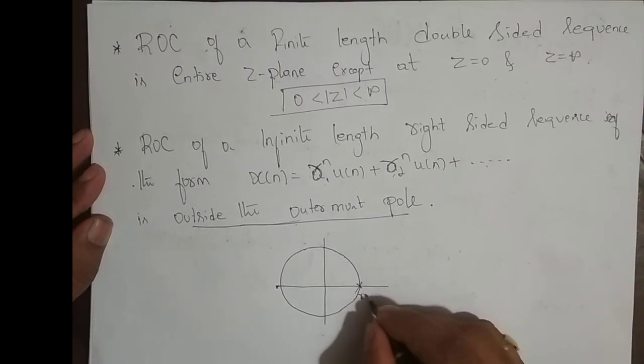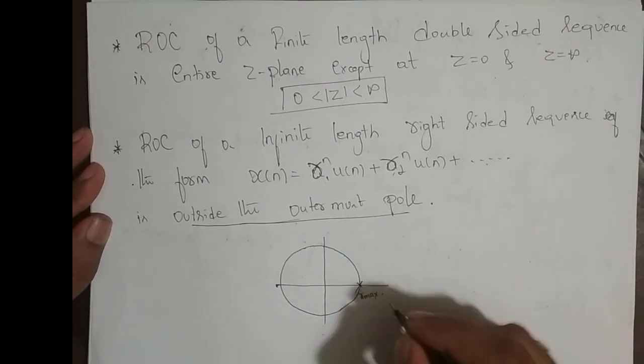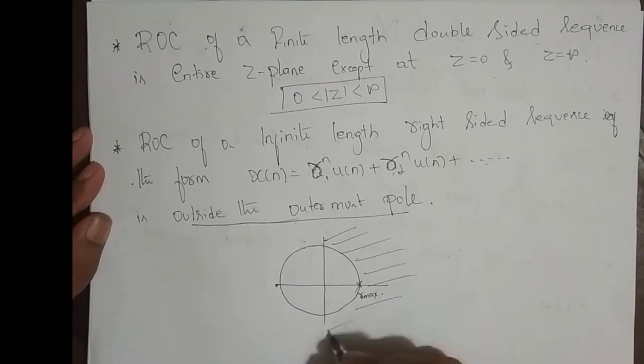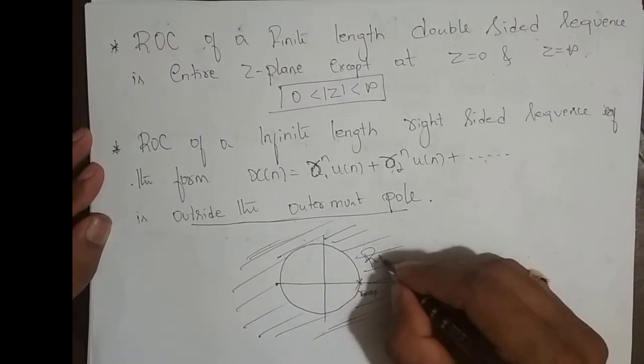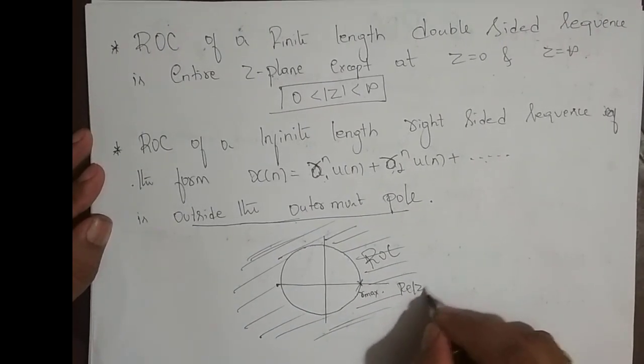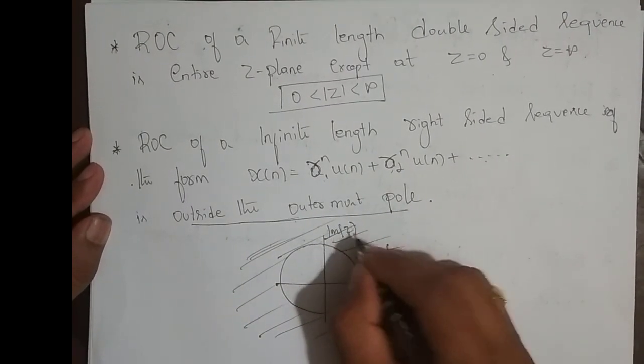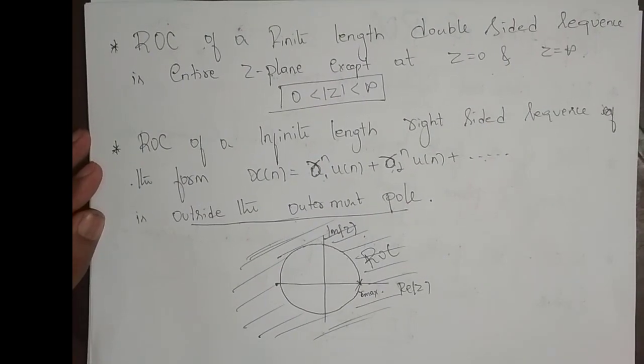This is the outermost circle, R max, the maximum radius circle. It is outside the circle with radius R max. This is the ROC. This is the real part of Z. This is the imaginary part of Z.